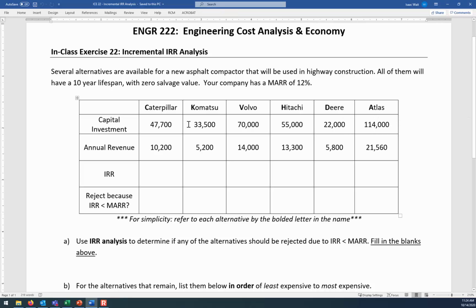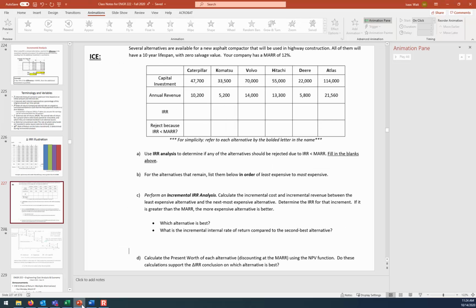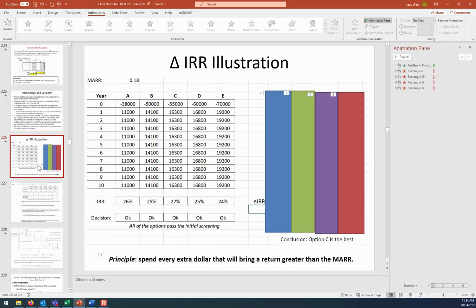You'll notice that when I gave you this list, it's not in the order that it needs to be for incremental analysis. If we go back to the template for an incremental analysis, what you should do is sort it so on the left side is the cheapest and increasingly more expensive.